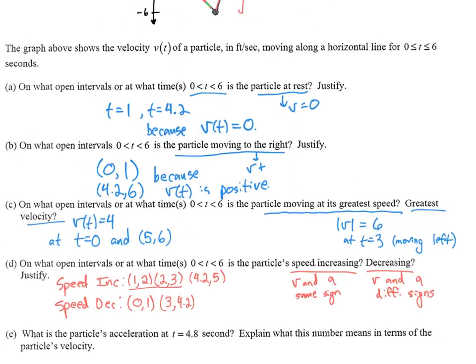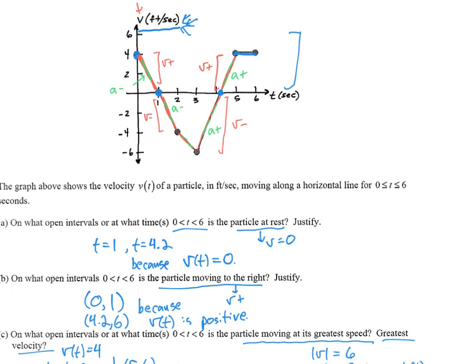And then let me just talk about this last interval right there. This last interval, yes, the velocity is positive because this stretch of graph lives in the positive space. But the acceleration there is equal to 0 because the slope over that interval is 0. So this particle would neither be speeding up nor slowing down. It's just a constant positive velocity from 5 to 6.